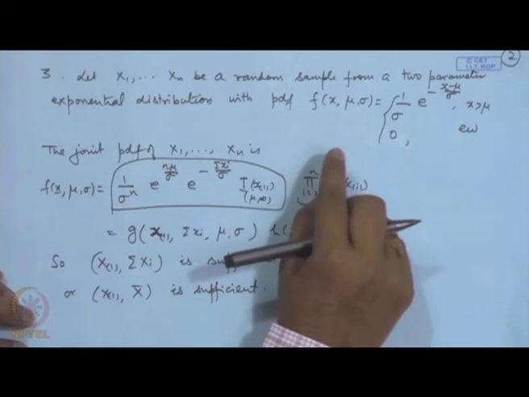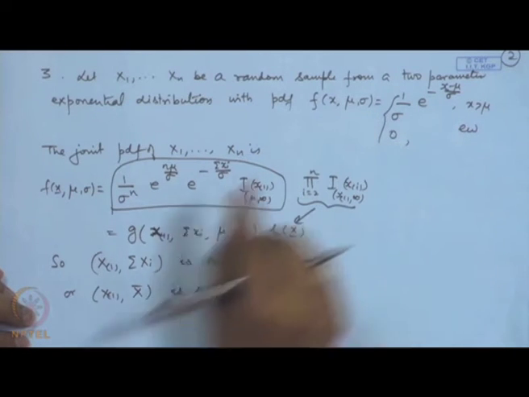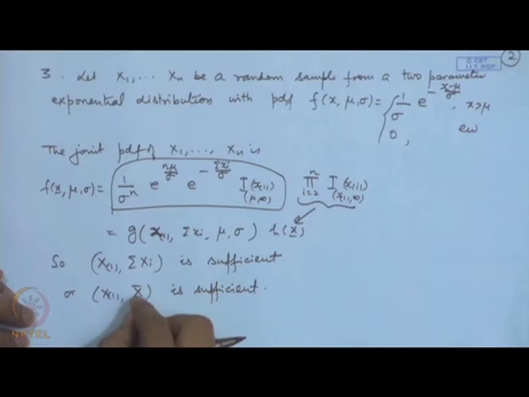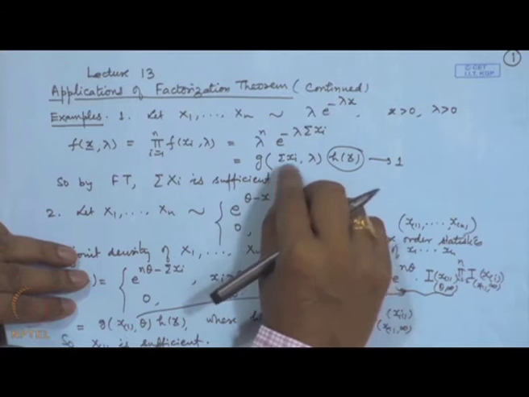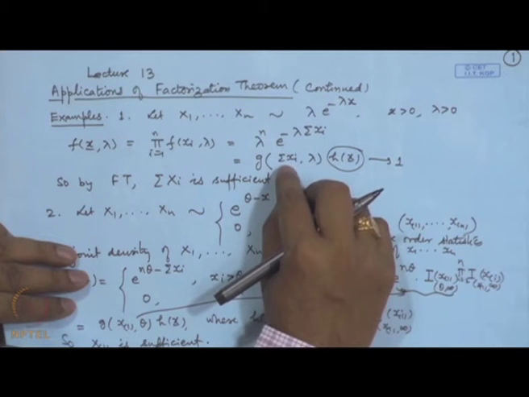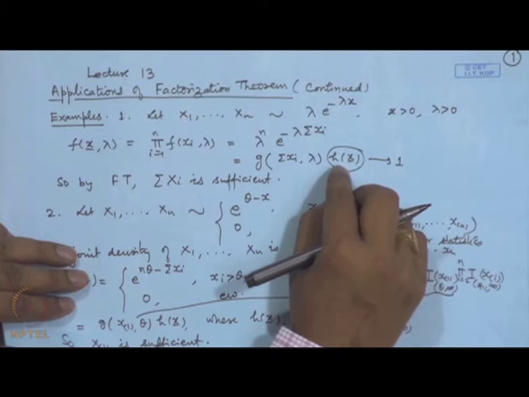Similarly, here you see the maximum likelihood estimator for mu and sigma were x1 and x bar minus x1 respectively, which is again a 1 to 1 function of x1 and x bar, that is the sufficient statistics. So, we can observe that the maximum likelihood estimator, if it exists, is actually a function of the sufficient statistics. The reason is obvious, because in the factorization theorem we are writing down the density as a function of the parameter and the sufficient statistics into a function which is free from the parameter.